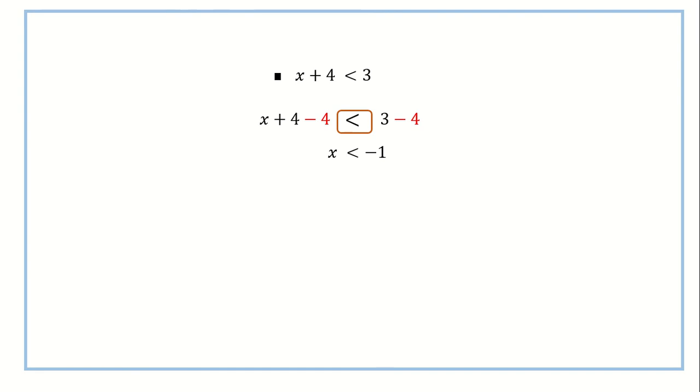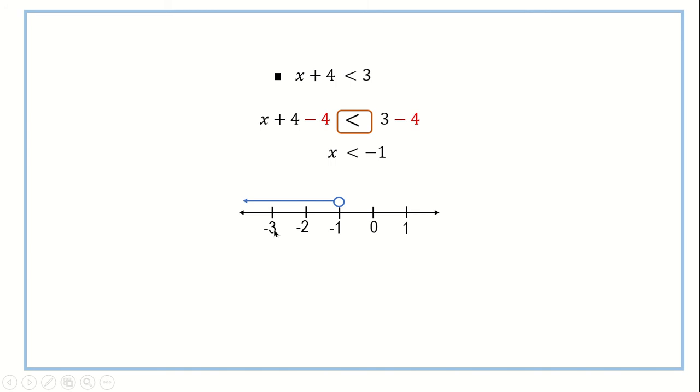Okay, now let's show this on a number line. Since we are having less than, we will be using an open circle and then we will be moving to the left. So you can see that if we substitute x with negative 2, we will have negative 2 is less than negative 1, which is correct.